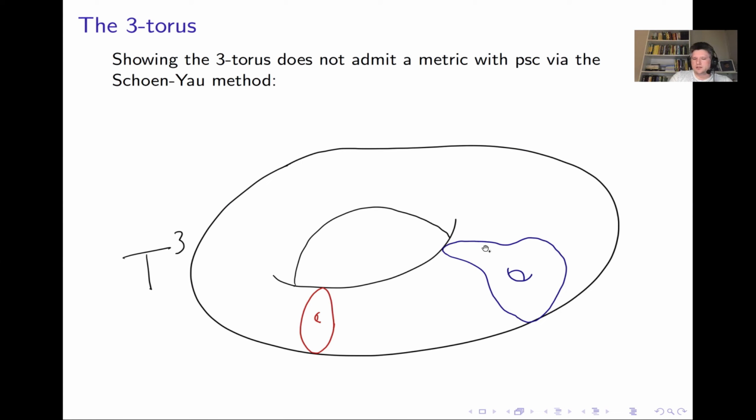And you can see that we can select one that is injective. So this is what it means to be incompressible. So in other words, pick a two-torus here such that the inclusion of this two-torus in the three-torus injects the fundamental group.